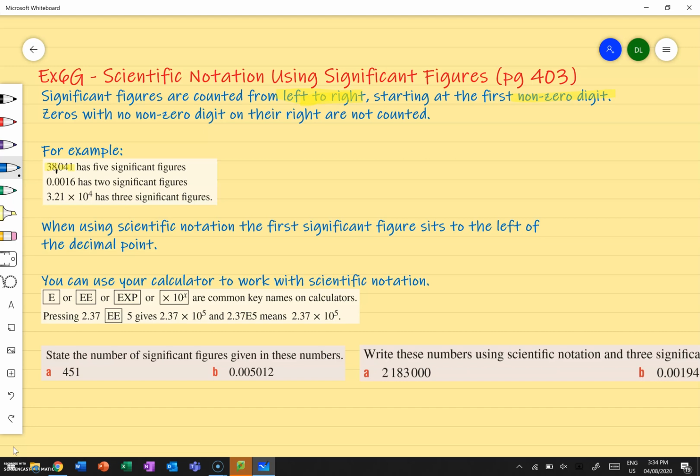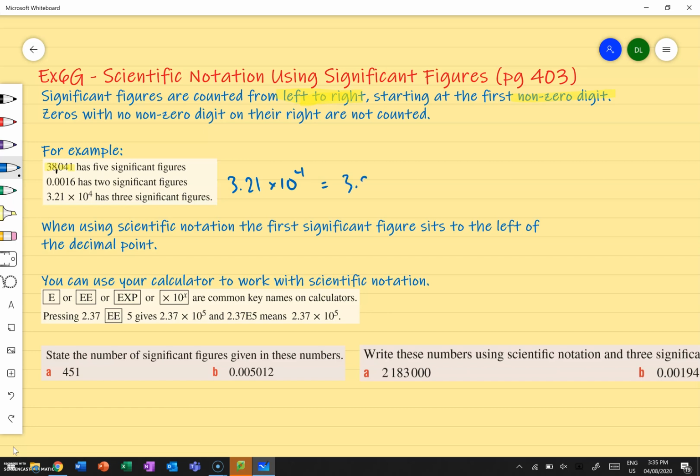If I'm looking at 3.21, if I was to change that into decimal form, we can go ahead and do that actually. So I've got 3.21 times 10 to the power of 4. Now, because I'm going from scientific to decimal, and it's to the power of positive, it needs to be a really large number.